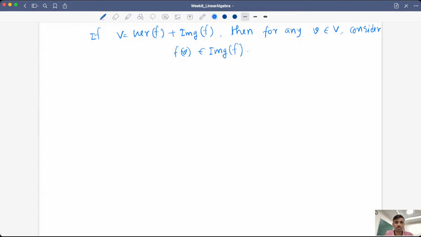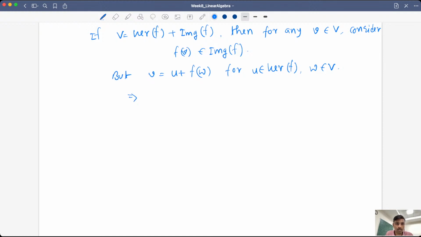But from this representation, I know that V equals some U plus F of W for U belonging to kernel F and W belonging to V, just from this direction.